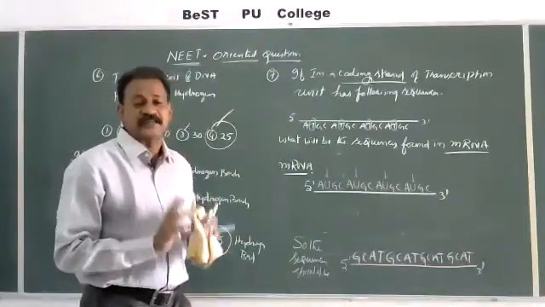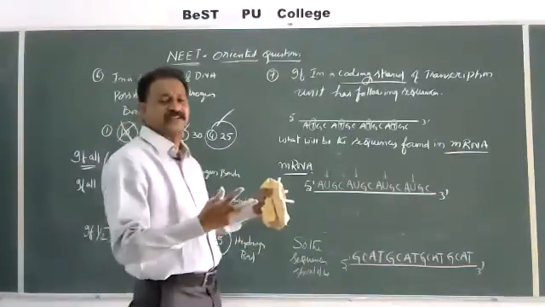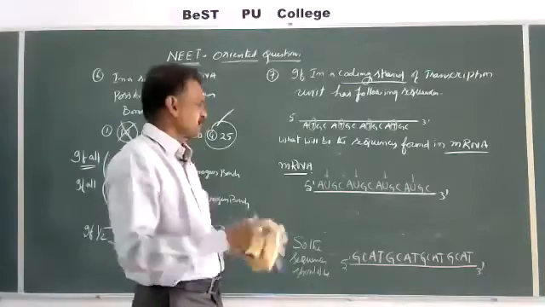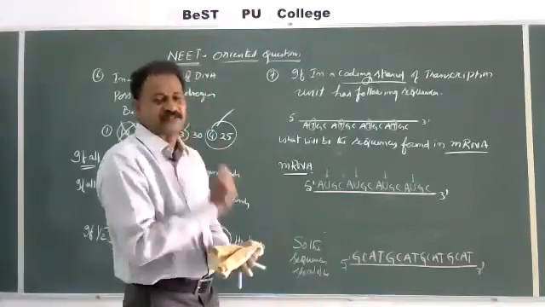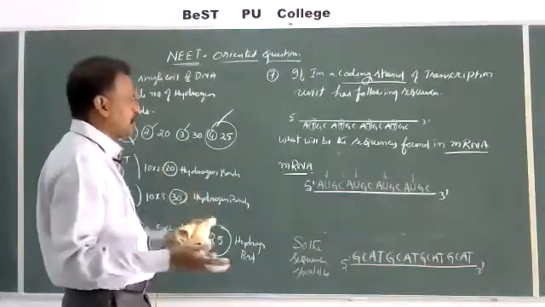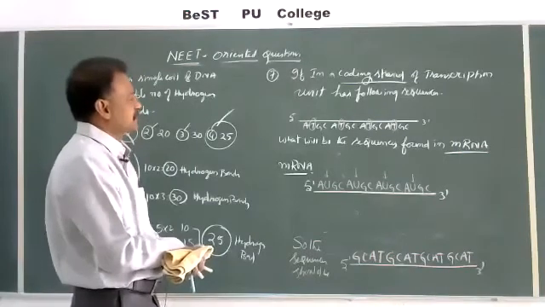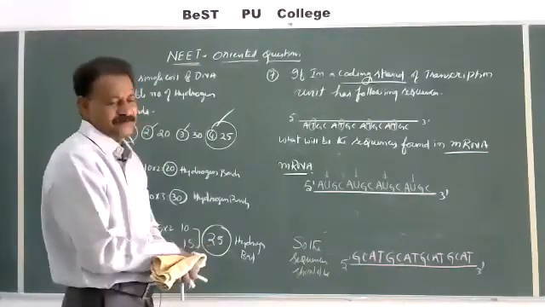You have to sit and practice various forms, various dimensions of asking questions. I am giving you some basic forms, simple. To recapitulate, you should be in a position to identify it. In a coding strand of a transcription unit has the following sequences.